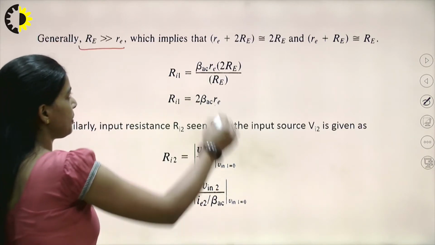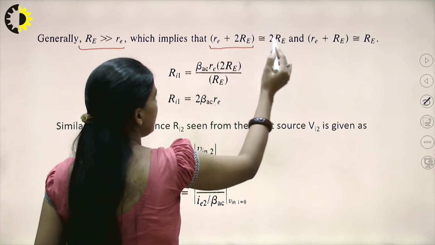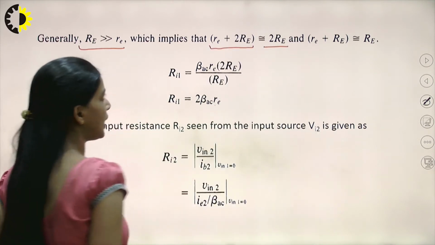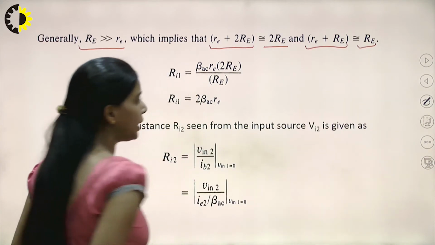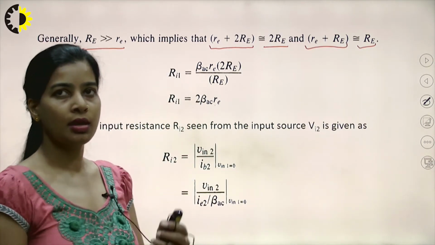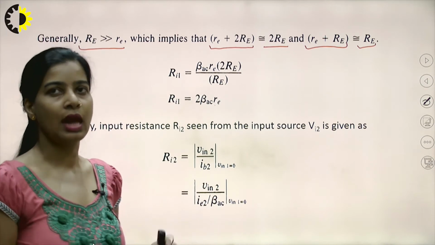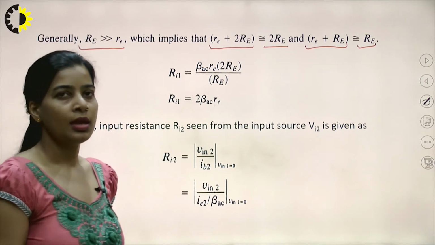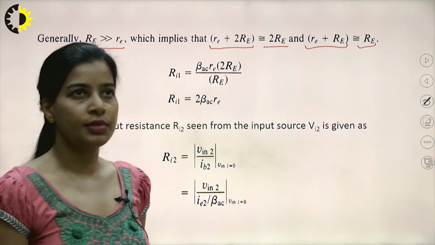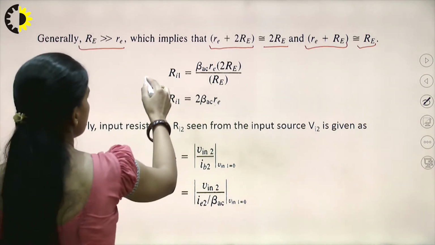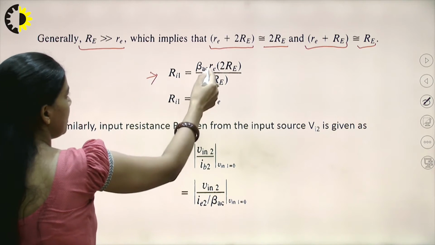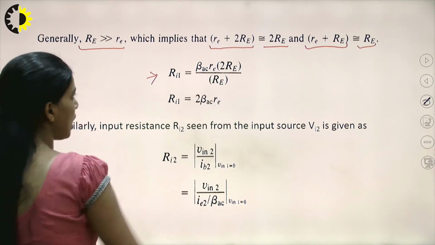This capital RE is the equivalent resistance of the two emitter branches. So we get the expression as beta AC re times 2RE upon RE.